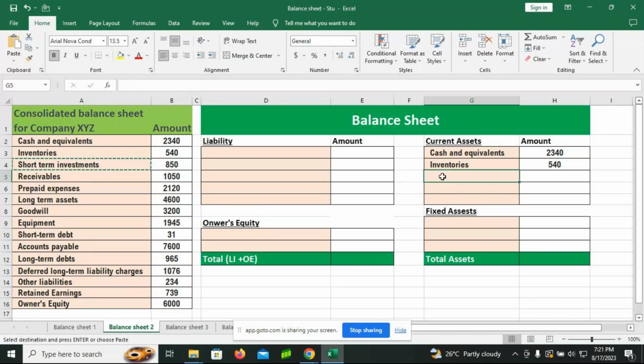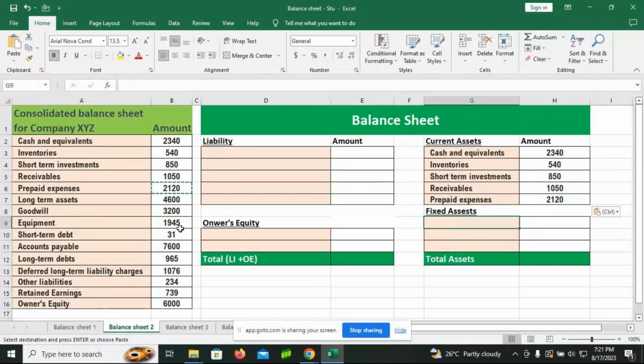Very good. Asset side. Then the next one, receivables. Assets. Okay, very good. Now prepaid expenses. Current asset. Okay, very good.